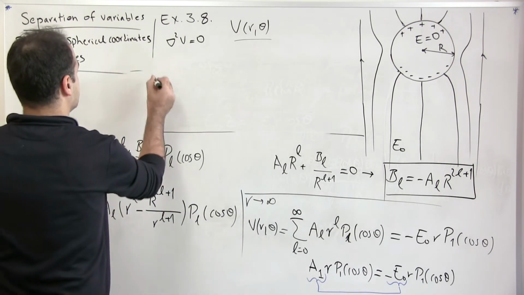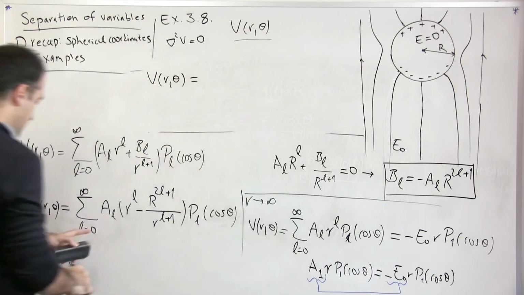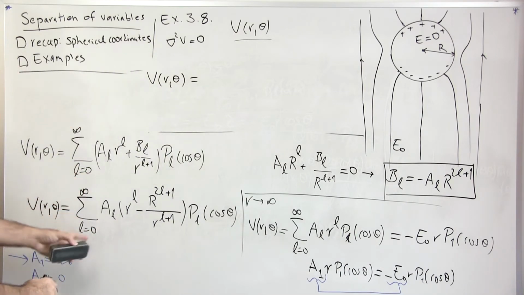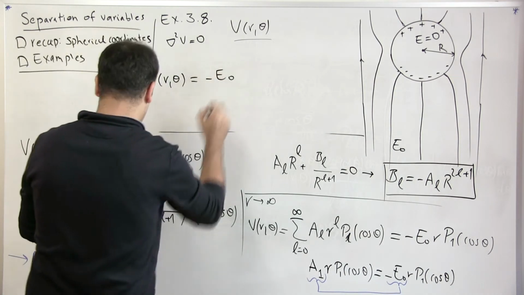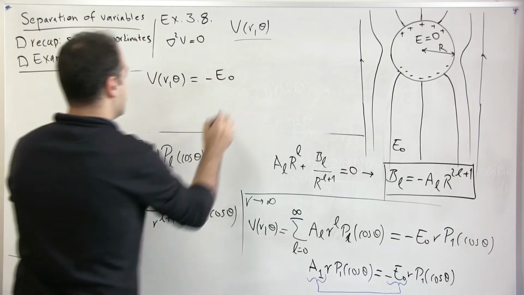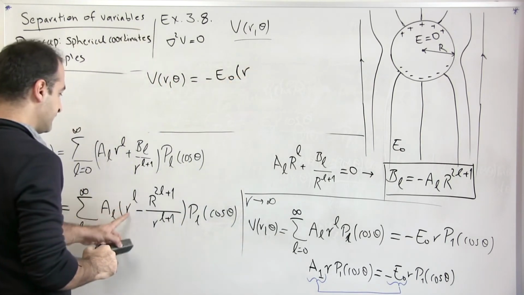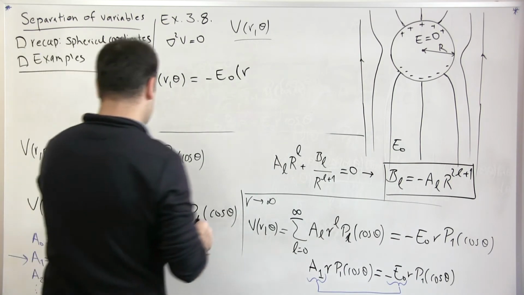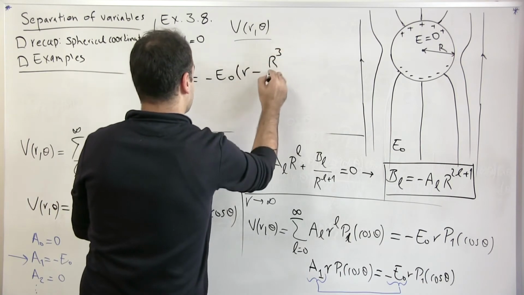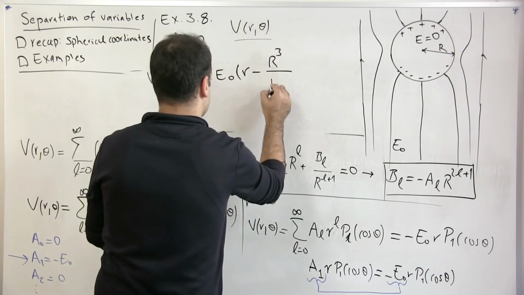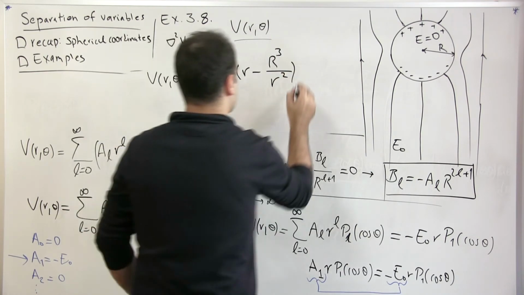Meaning that V of R and theta becomes, I don't need this summation, I just use negative E naught for A1, times R, as the first term. And for the second term, I have negative R cubed over R squared times cos theta.